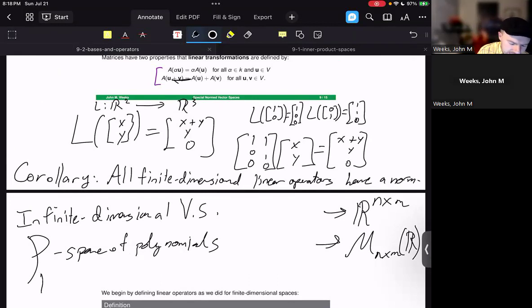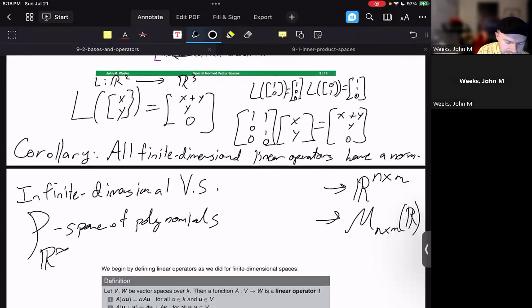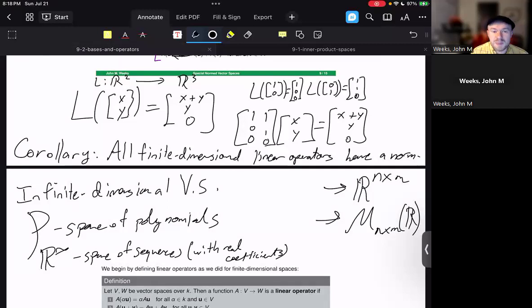Another one is the space of sequences, R infinity, the space of sequences with real coefficients. This is another example of an infinite dimensional vector space. There are particular subspaces of these that are also infinite dimensional that we've been playing around with, but these are two of the main ones.